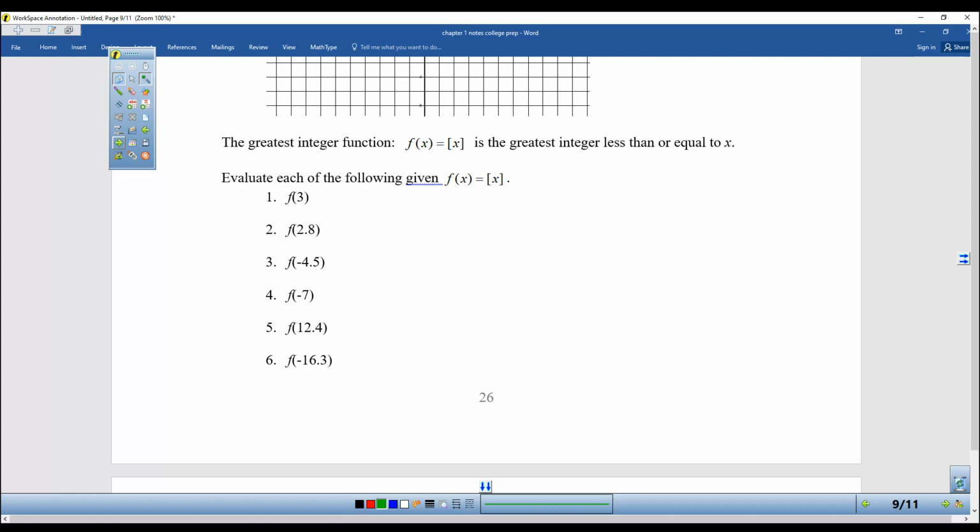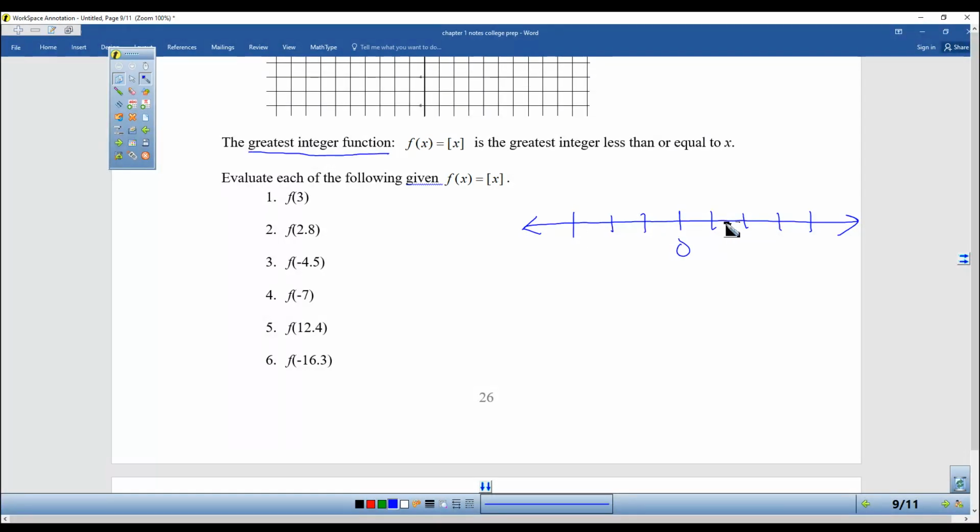Evaluate each of the following. So this is the greatest integer function. What it means is if you were traveling along the number line and you reached 1, 2, 3, 4.